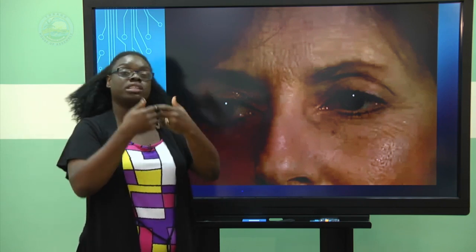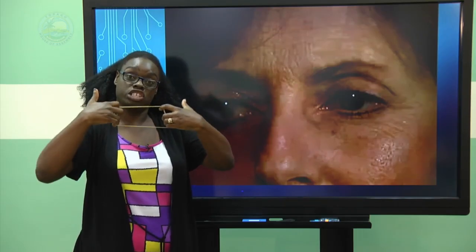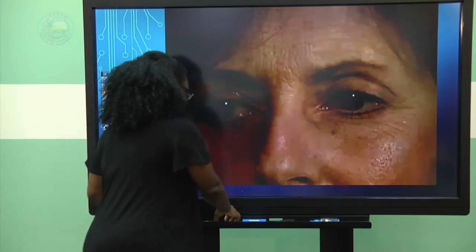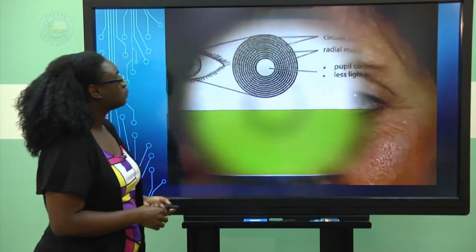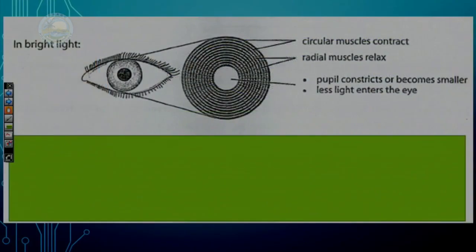My fingers are going to be the radial muscles. So if I want my pupil size to get smaller, would I want my radial muscles to contract, or do I want the circular muscles to contract? Obviously, if you want the pupil to get smaller, you would want the circular muscles to contract and make that hole smaller. So that is exactly what happens.